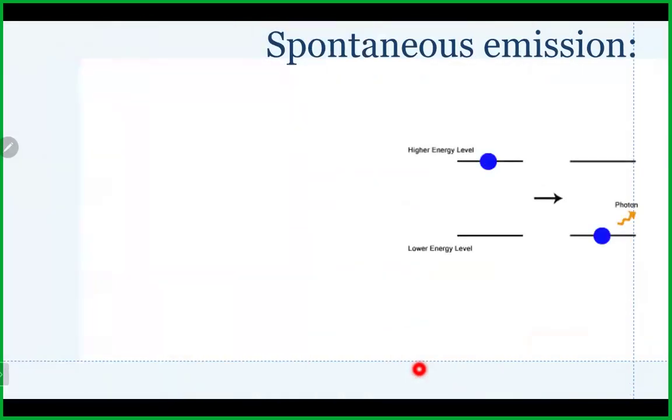So the third process is spontaneous emission. We just looked at stimulated emission. Stimulated emission requires you to shine light initially, or put in energy, and then cause an excited molecule to go to a lower energy state.